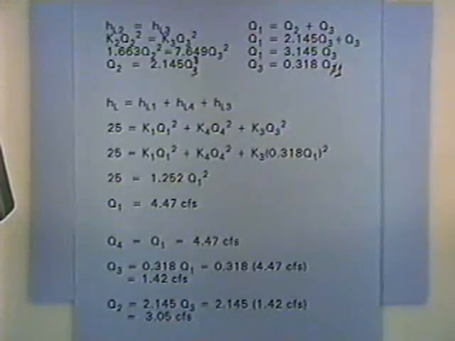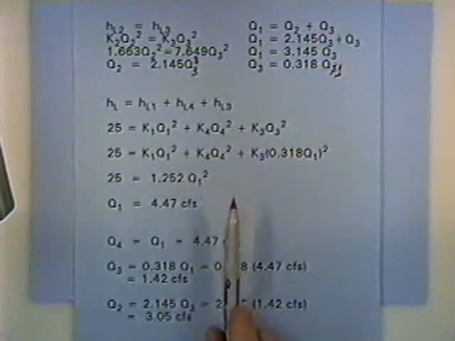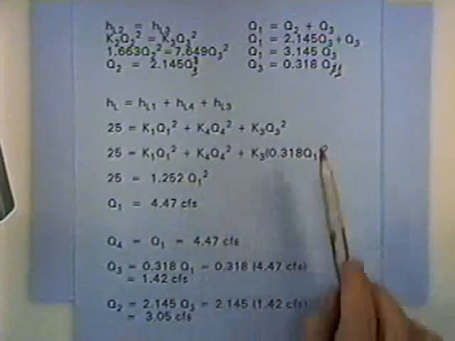Notice that pipes 1 and 4 have the same diameters, and because they're in series, they have the same discharge. Pipe 1 and 4 are in series, so they have the same discharge rate, and so Q1 is equal to Q4.